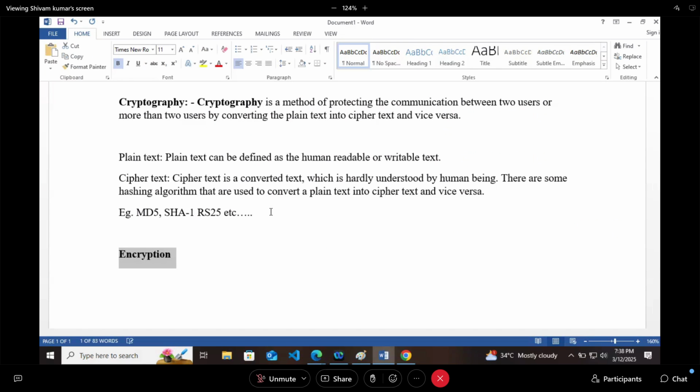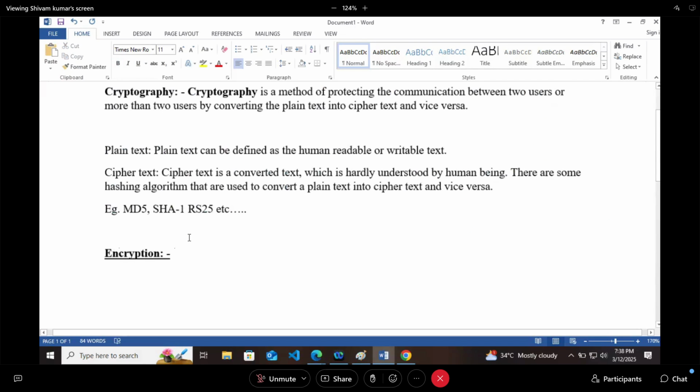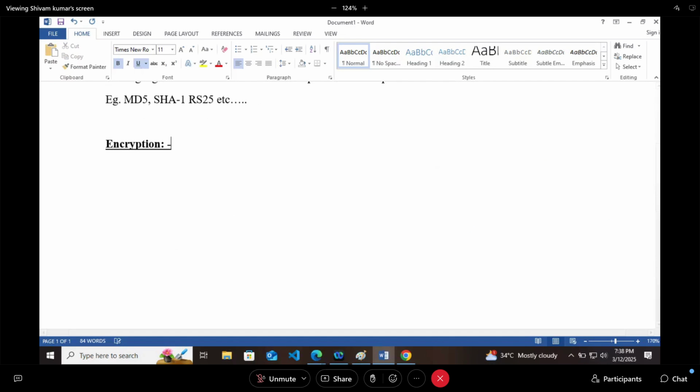Encryption. So what is encryption? Encryption is a process where plain text is converted into ciphertext.